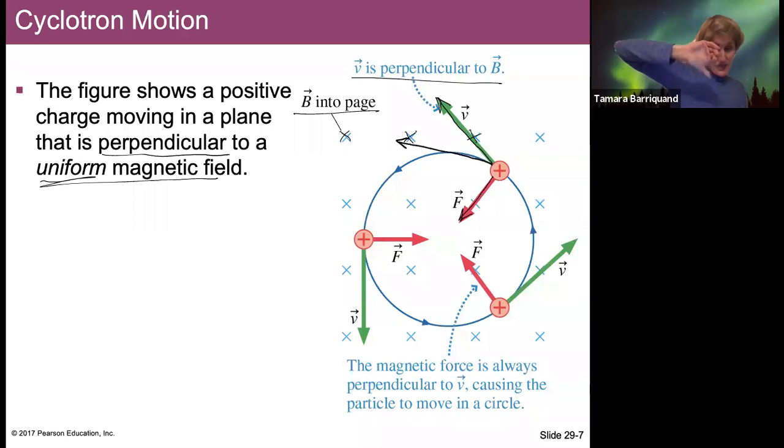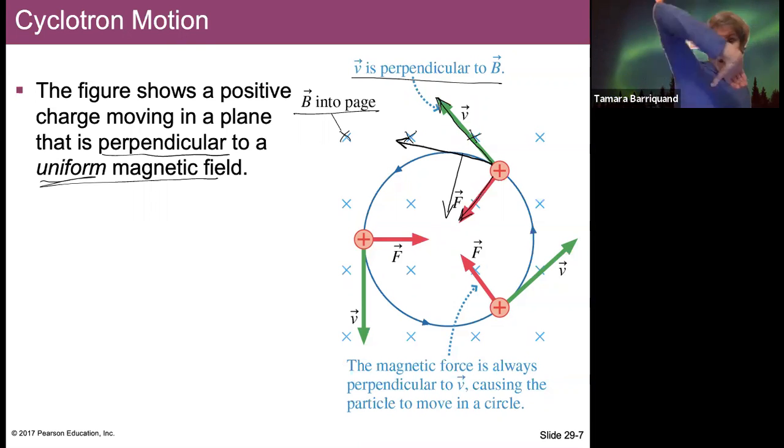Now we cross that with B, and in this case, we see that as it has moved a little bit, the force will now look like that, again still turning it constantly to the left. So if we follow along, we see that our thumb is always pointing to the left of the motion of the charge.